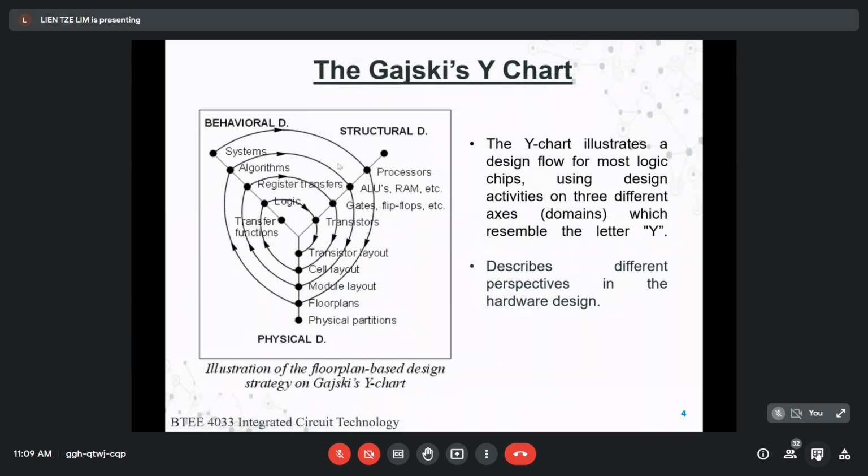So this is the chart that I mentioned. The three domains are the behavioral domain, structural domain, and physical domain. The physical domain we sometimes also call the geometrical layout domain.